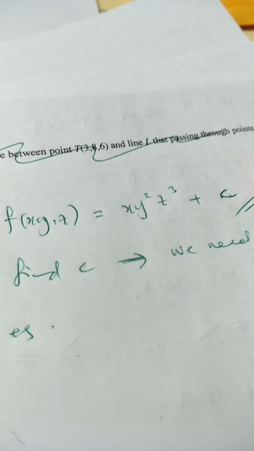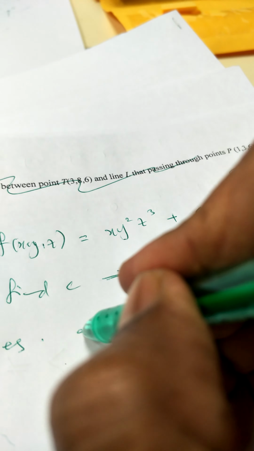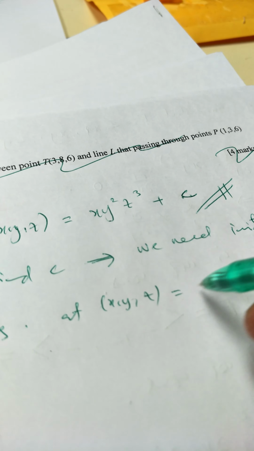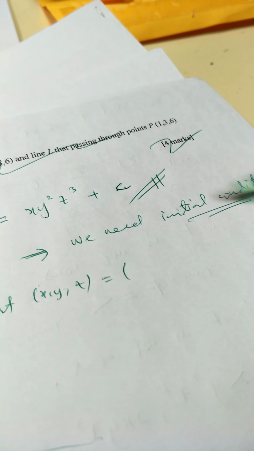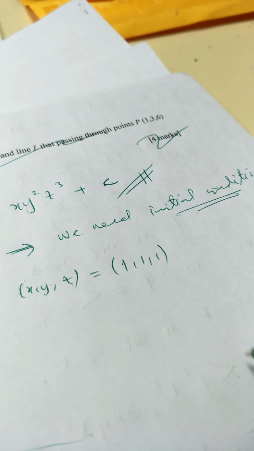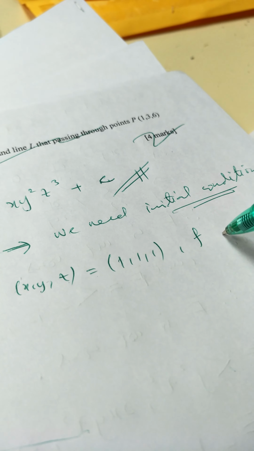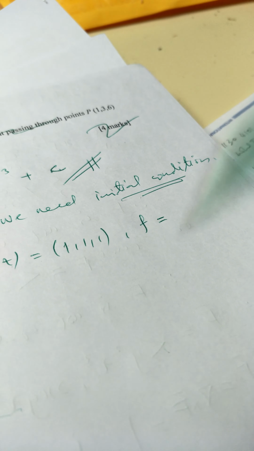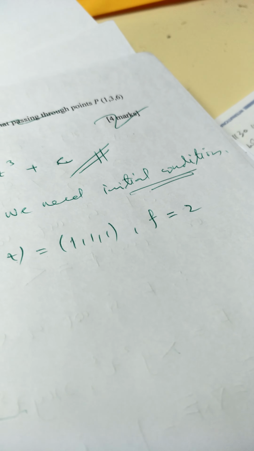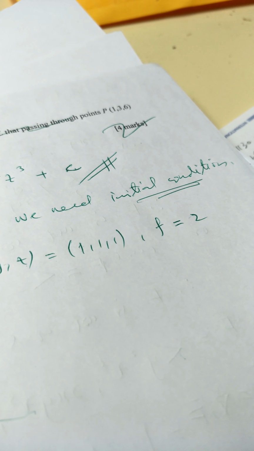Example, at x, y, z equal to, this is just an example, okay? For example, if x, y, z equal to 1, 1, 1, then our f is, let's say, 2, for example. I just pick it, just to give you an idea how to find c.